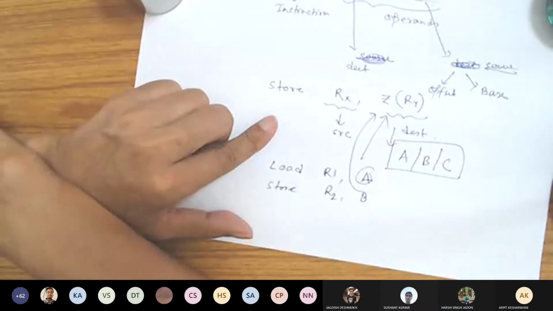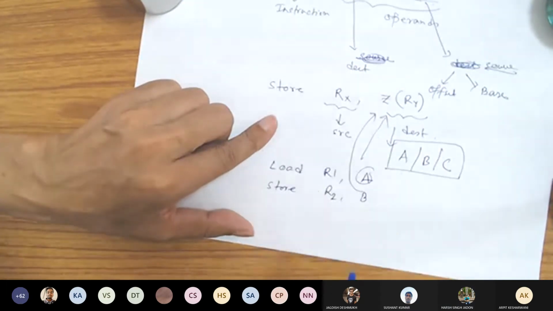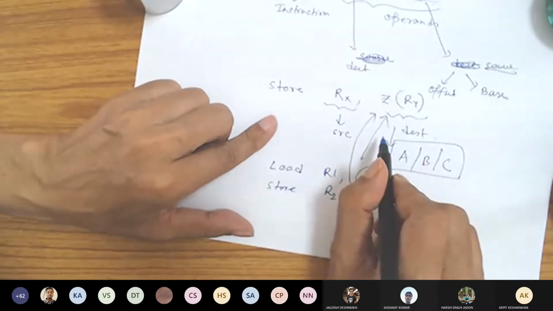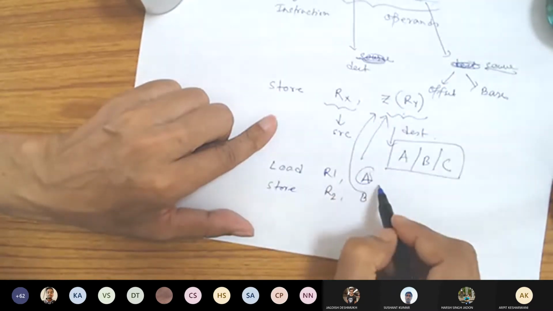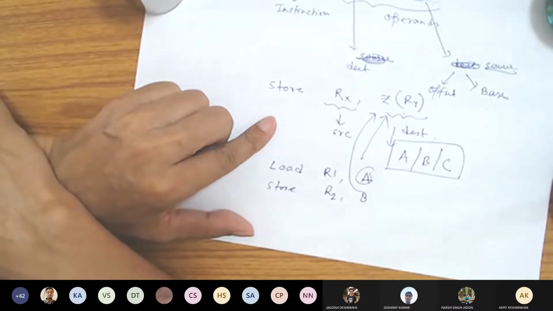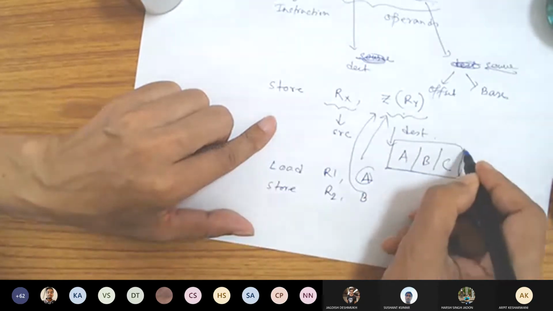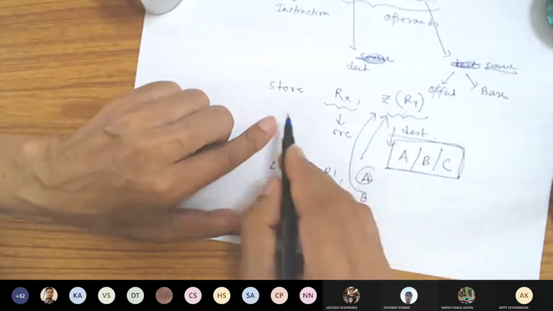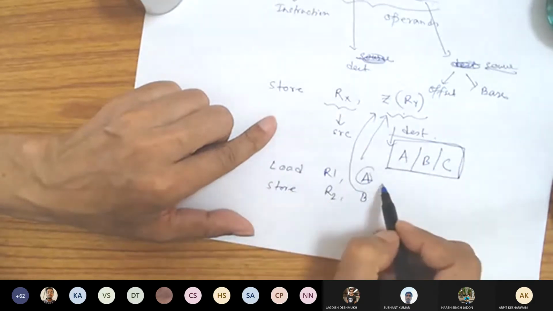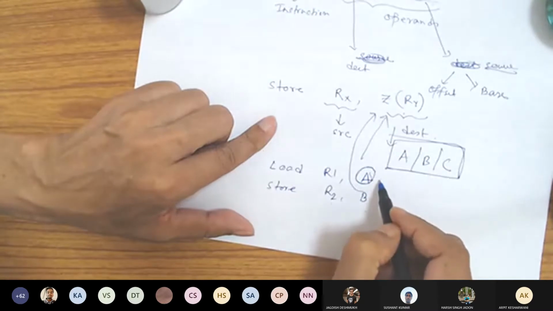They are memory locations. When you write the actual instruction in a commercial processor, you have to write in this format. There is no meaning of A, B, C. This is just for description. In books, you may find it written store R2, comma B, load R1, comma A. Actually, this A means an address of the memory.